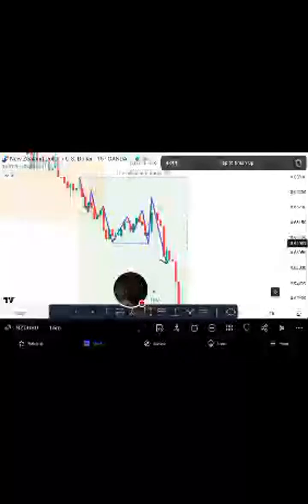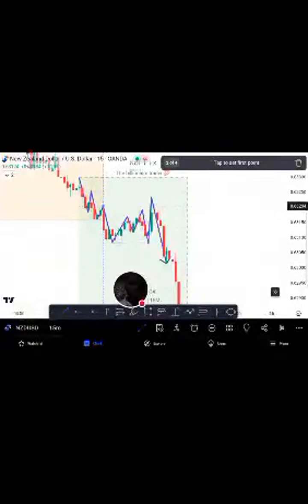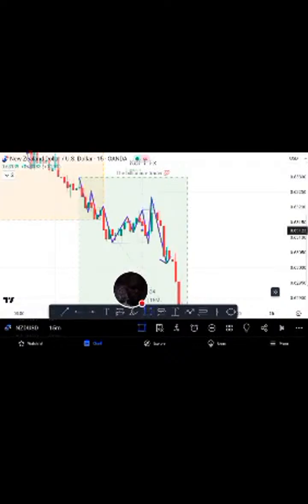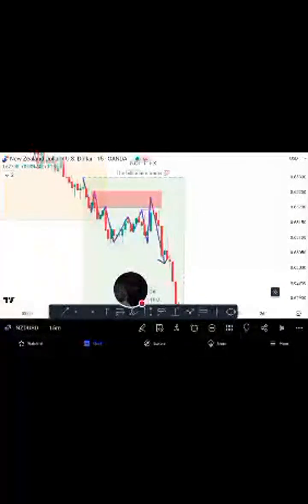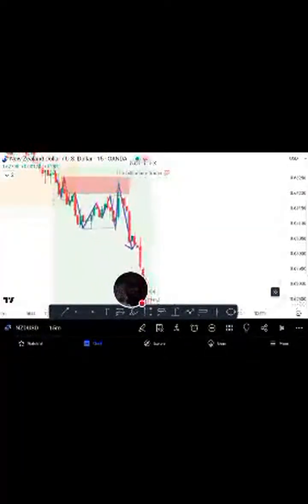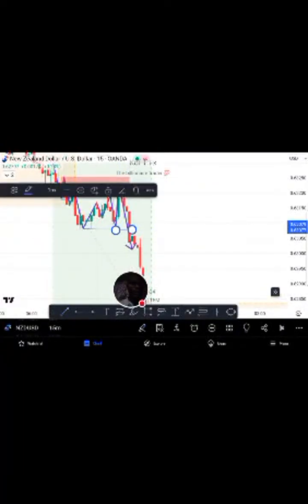We have this break of structure here, and we have this graph, and mitigation of this supply zone. And you have this break of structure.